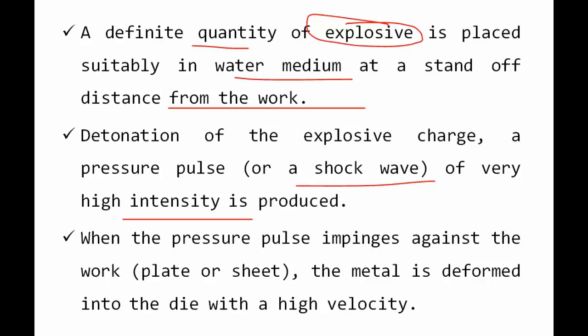Due to that intense shock wave, the object is produced based on the die cavity. When the pressure pulse impinges against the work, like a plate or sheet, the metal is deformed into the die with high velocity. So the object is produced based on the die.